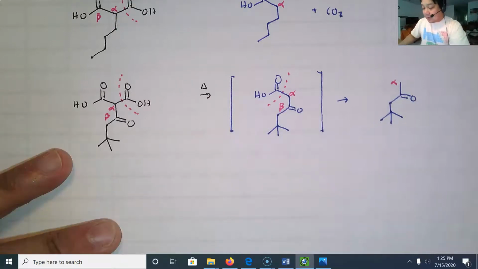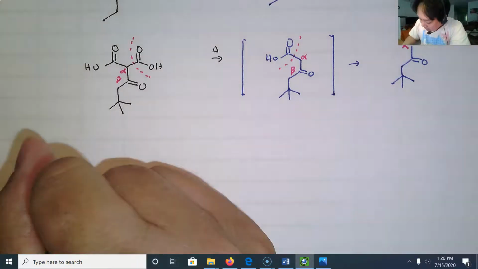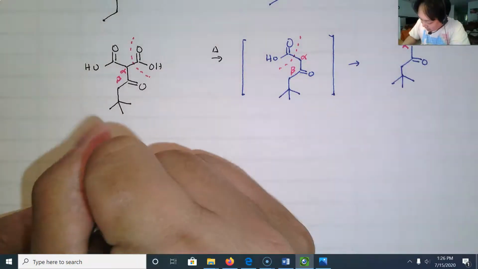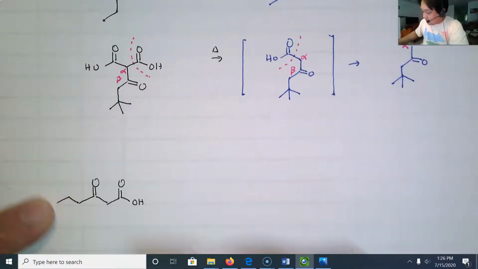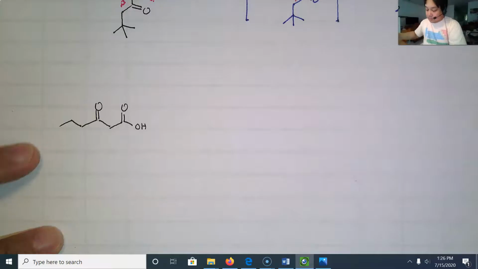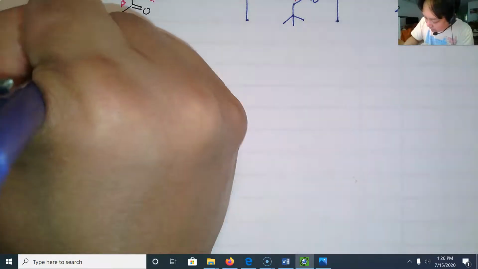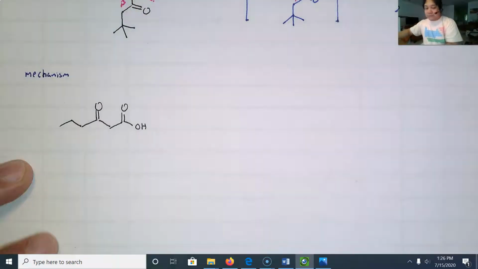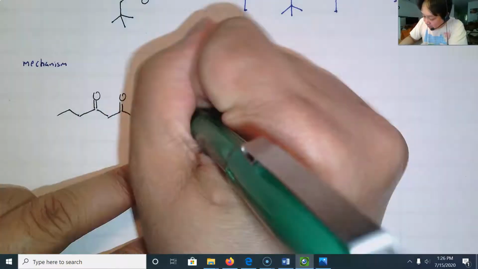Let us take a look at the first example and the mechanism. The first example is drawn like this. But to do the mechanism properly, you may want to redraw this. And let me show you how to redraw it.